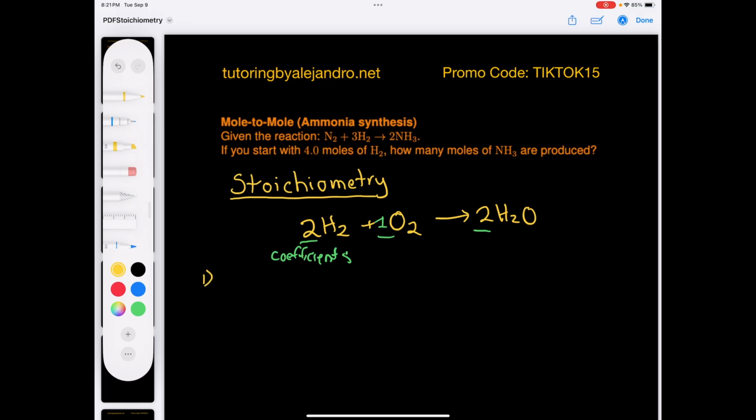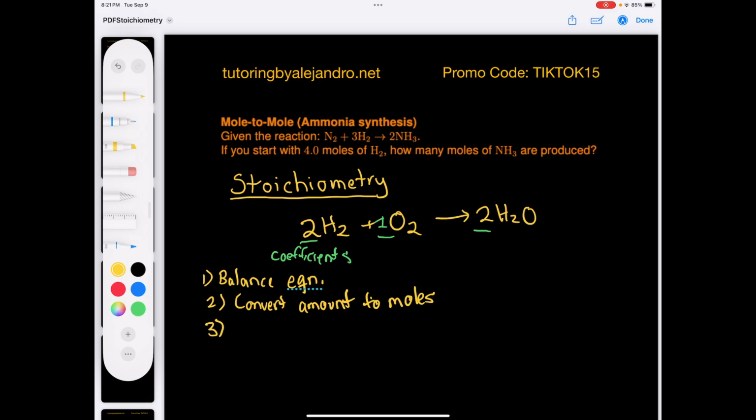The first step is you have to balance the equation, if it's not already balanced. Then you convert the given amount to moles. When you're comparing ratios, you always want to compare them in terms of moles.